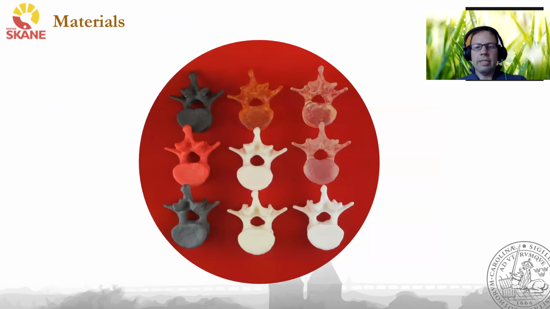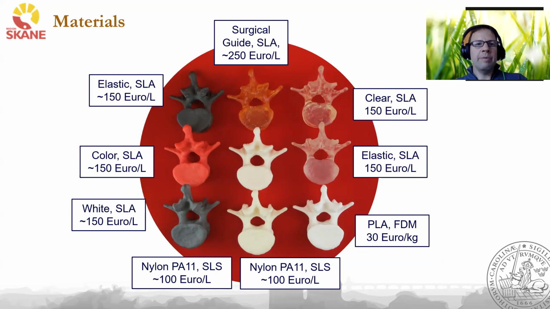So here are some material comparisons for some of the materials that we frequently use. And here are the names for them. And I also have put the prices. So it's directly clear that the PLA is very cheap. Remember that we do not print solid objects either.